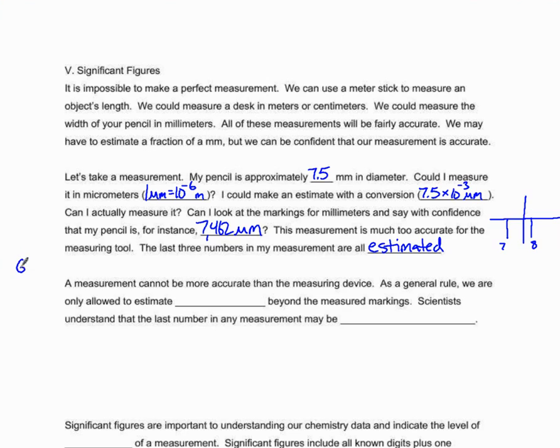What these calipers are telling me is that my pencil is 6.24 millimeters. This is quite a bit different than the 7.5 that I guessed. The reason there's a difference is because what I did with the pencil and the meter stick is I'm holding it up here and there's all these tick marks and I'm trying to line it up with one side while I'm reading it on another side.